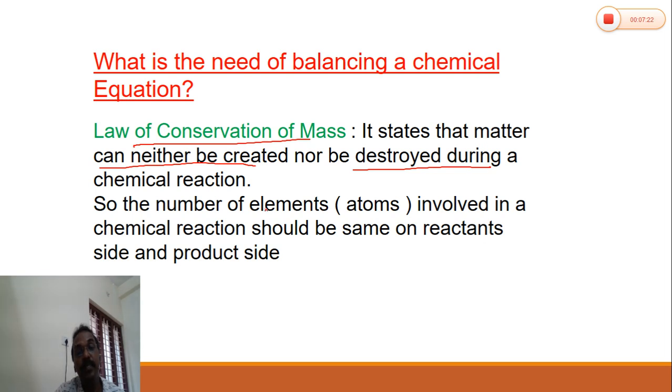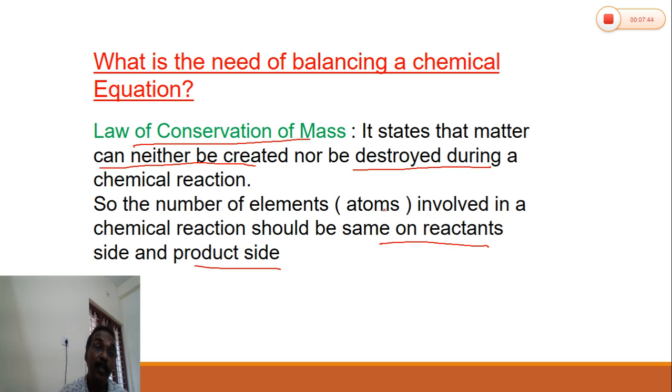That means it is converted from one form into another. So the number of atoms involved in a chemical reaction should be the same on the reactant side and the product side. To obey the law of conservation of mass, the chemical equation should be balanced.